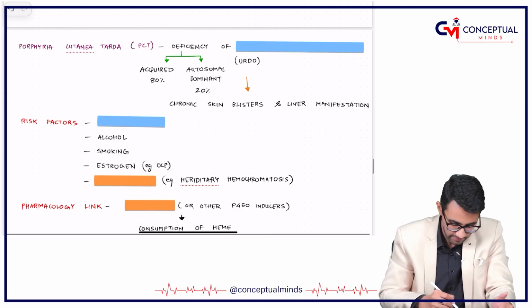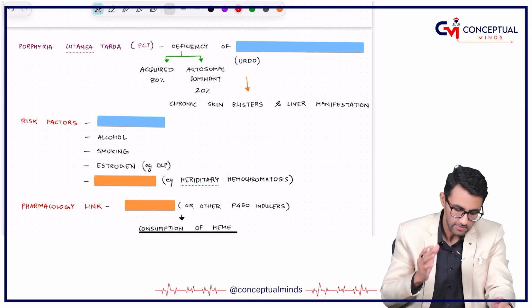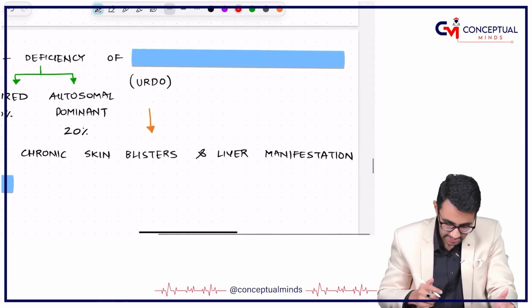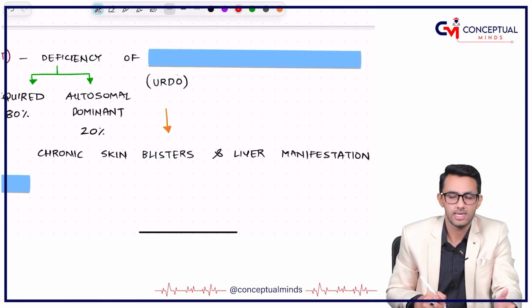The first point: what is the deficiency about? The deficiency is of the enzyme Uroporphyrinogen Decarboxylase.